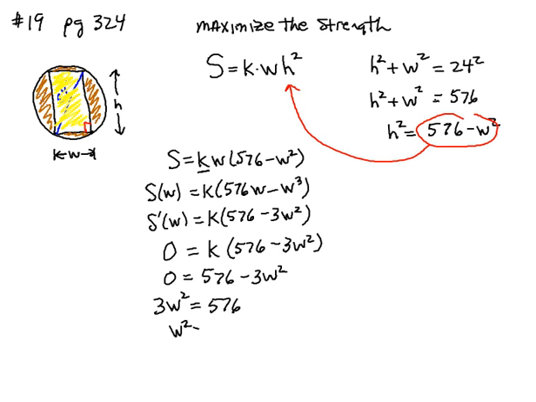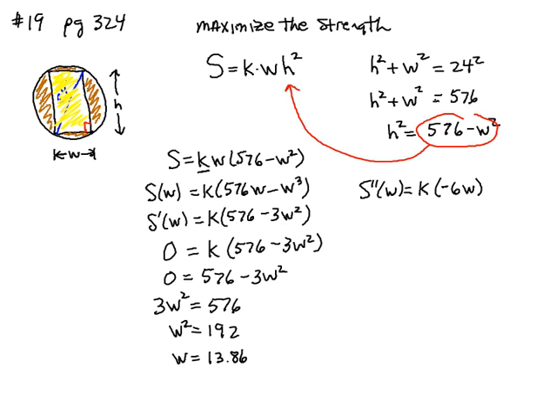w squared is 192. And w is 13.86. Now, I'm going to take the second derivative of the function, and that will be k times negative 6w.